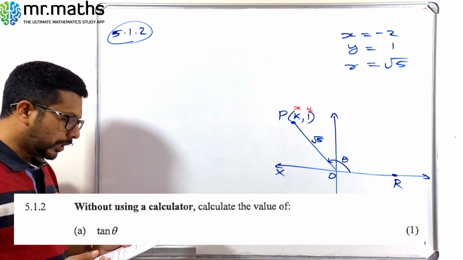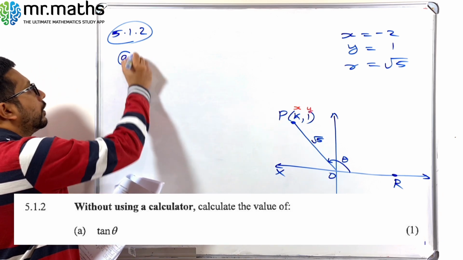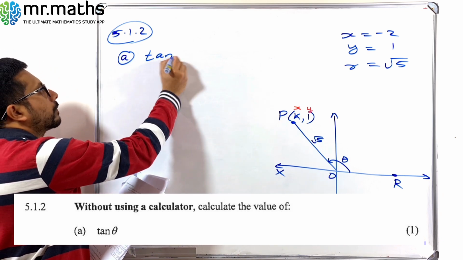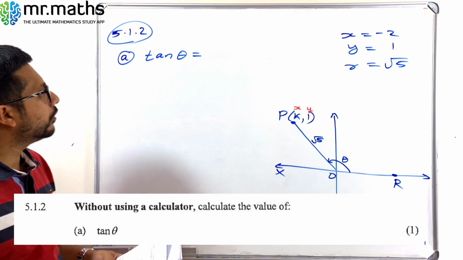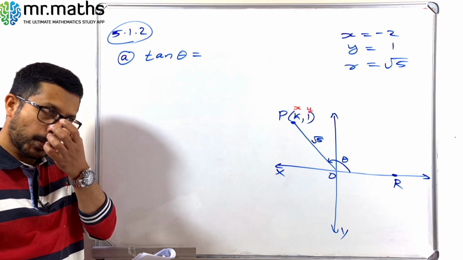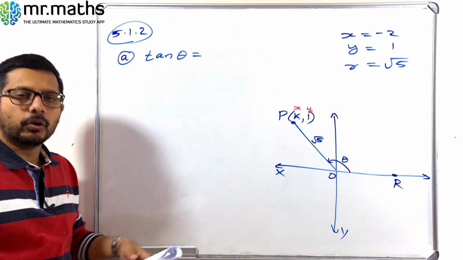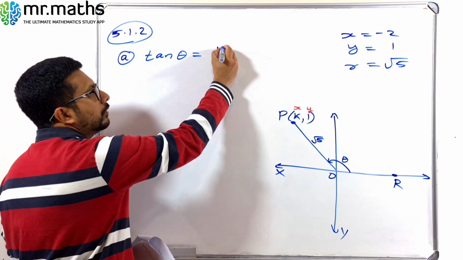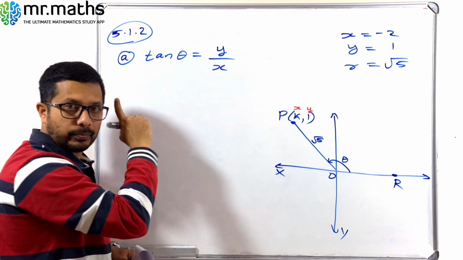Question 5.1.2A: without using a calculator, calculate the value of tan theta. By definition, what is tan theta? Opposite side divided by adjacent side. Opposite side we represent with y, adjacent side we represent with x. Do you remember I told you?